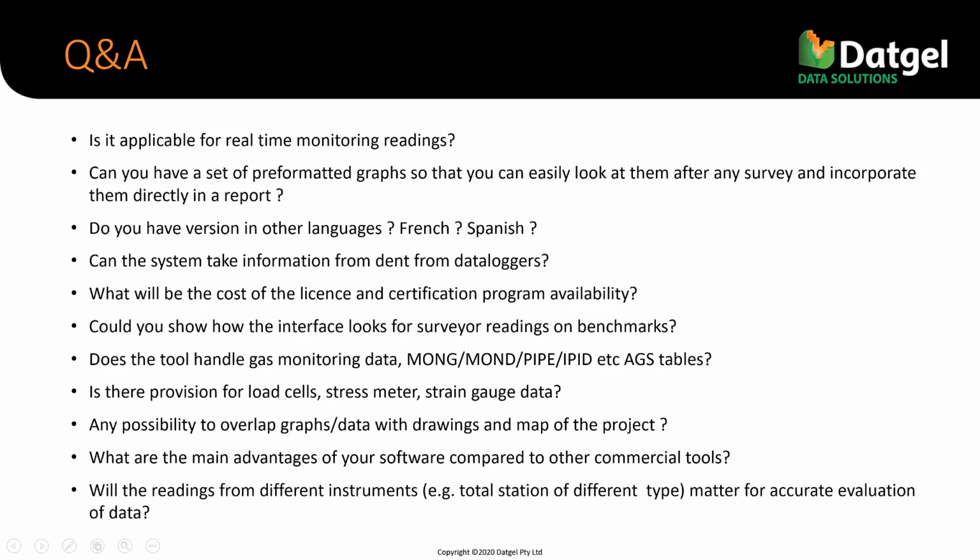All right, so another question here, if I make it all a bit bigger. Any possibility to overlap graphs data with drawings and maps of the project? Well, it is possible with gINT to have multiple reports printing over the top of each other. That way you could get a map on a report in the corner.